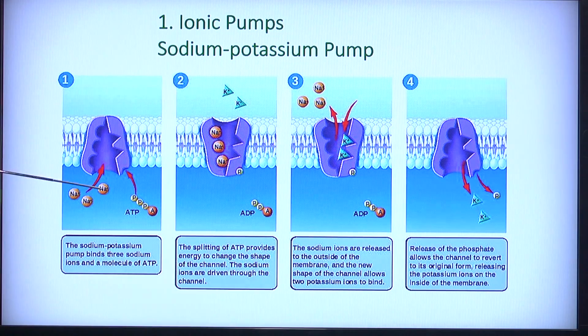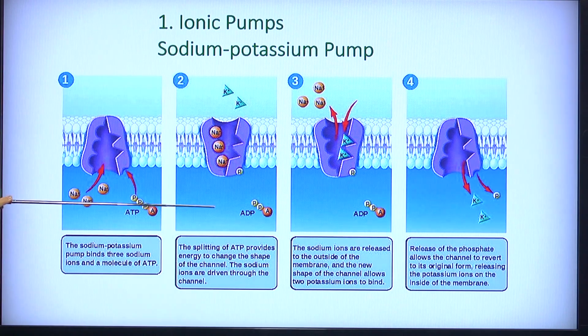The pump is going to transport 3 sodium ions from inside to outside, which means I am moving them against the concentration gradient from an area of lower concentration to higher concentration. In order to do this, the pump has to use ATP.